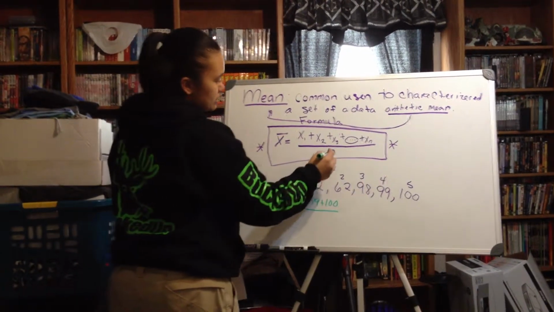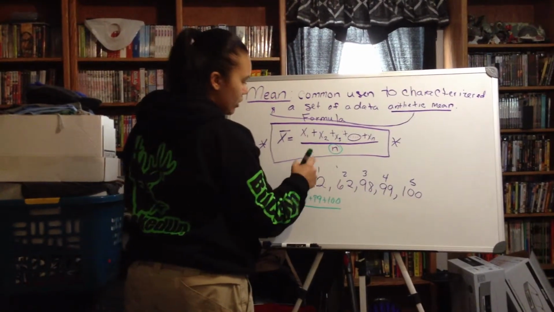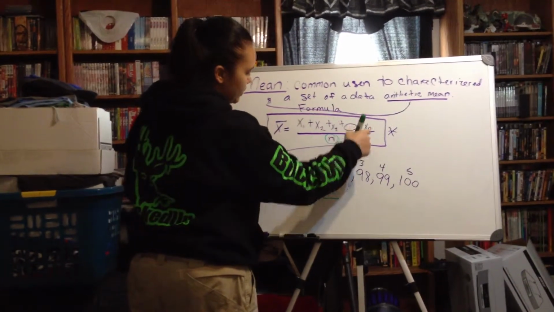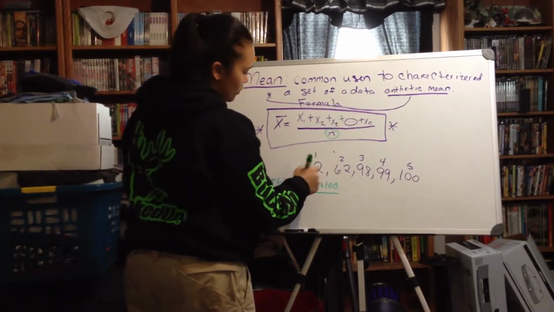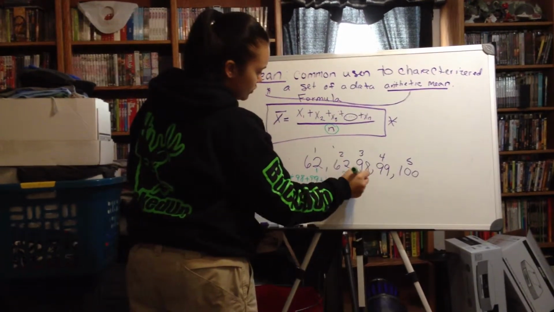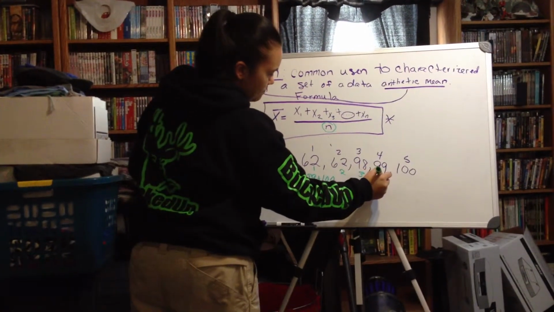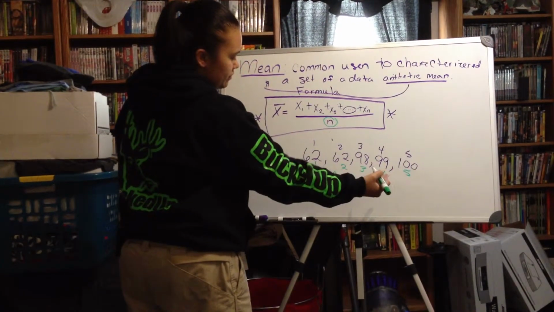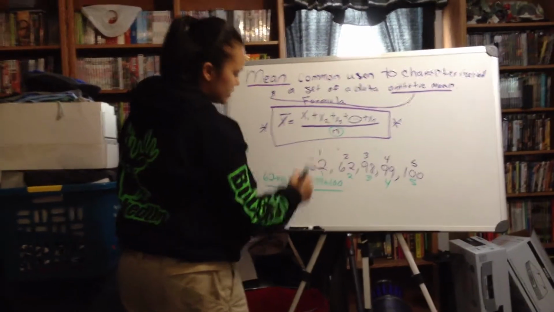Now you wonder how this is n. Well, that's going to be the actual number of how many little x's we have. So we've got to count. 1, 2, 3, 4, 5. There's 5 numbers here. So that's what the n is. 5.